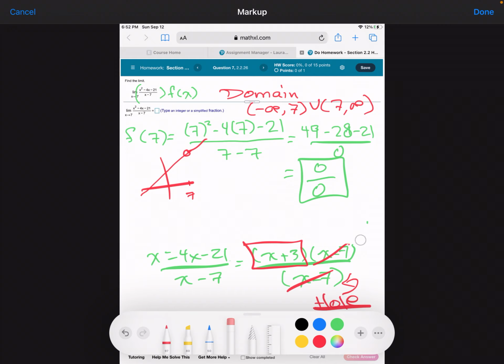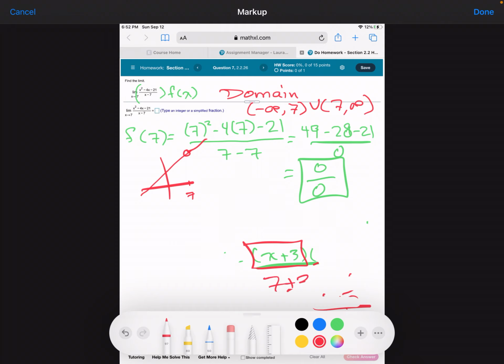It just looks like x plus 3, so let's plug the 7 into this, and we get 10. And that's our answer. Again, we got 0 over 0, so we said let's try to play with it, let's factor. After factoring, the bottom divided out, and we got 10.